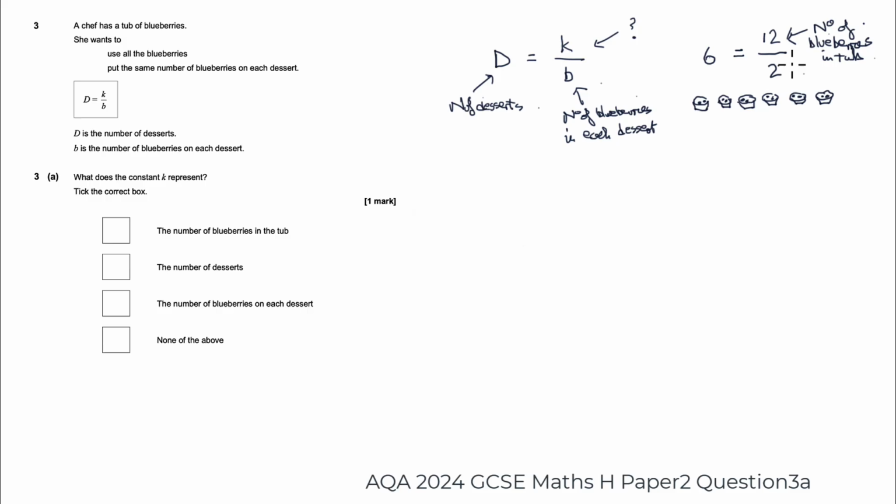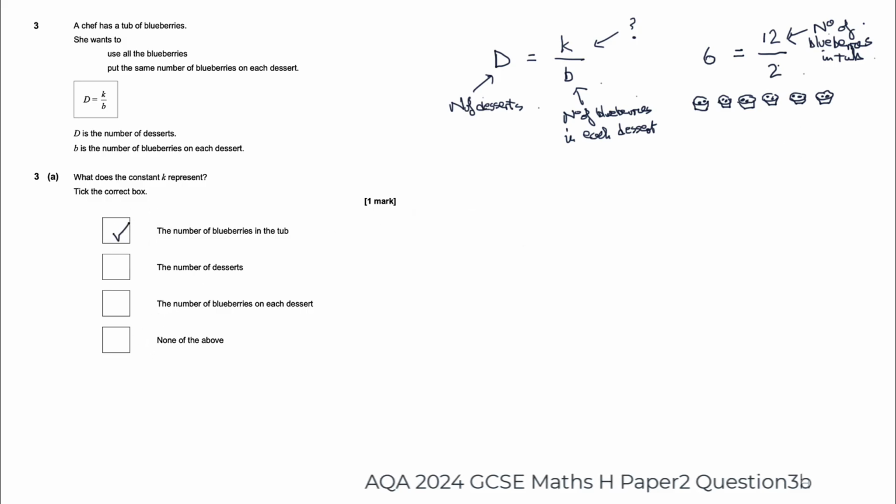And she wants to put 2 blueberries in each dessert, and she uses this formula to find out how many desserts she makes. 2 into 12, oh, well, that's 6 desserts I'll make. So what does the constant k represent? It's the number of blueberries in the tub.